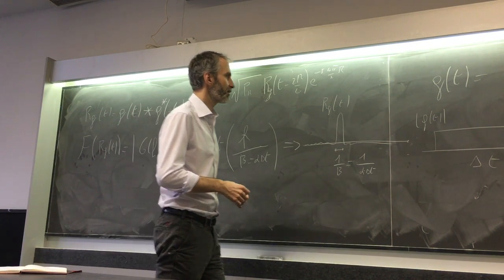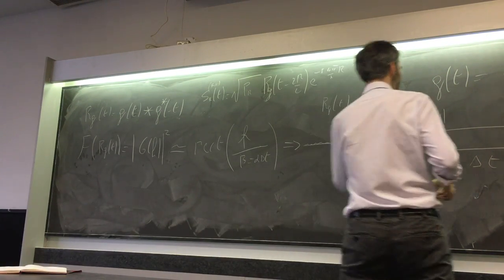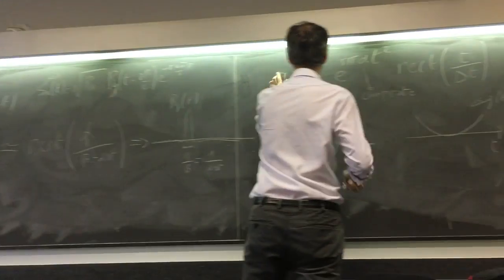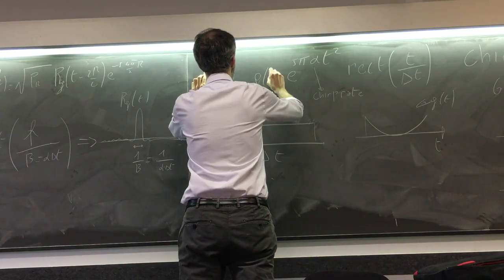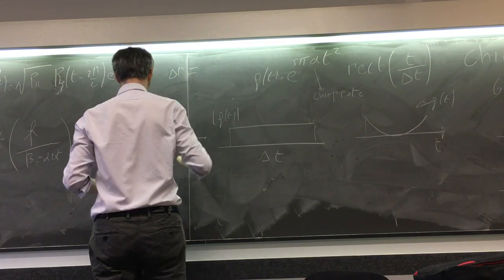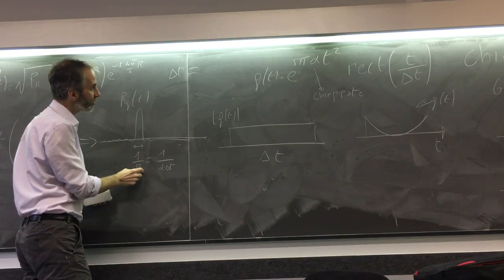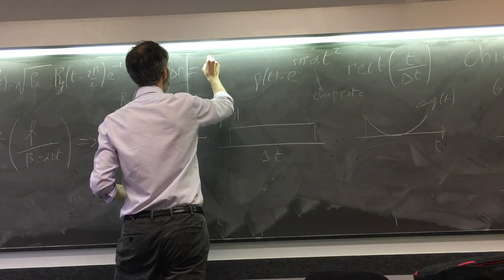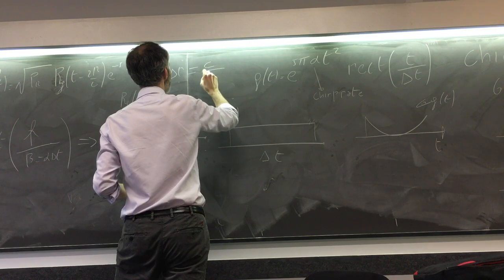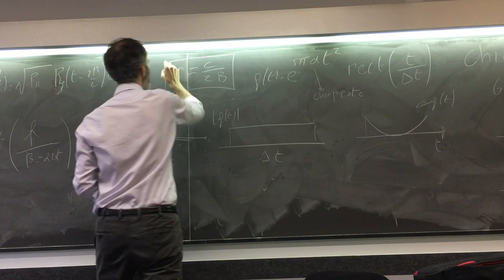And so your range resolution, we say that its duration is 1 over B. So your range resolution is half the speed of light divided by the bandwidth.